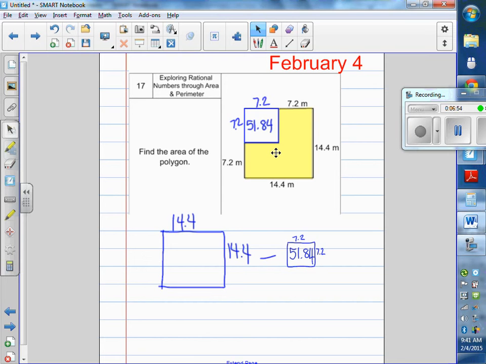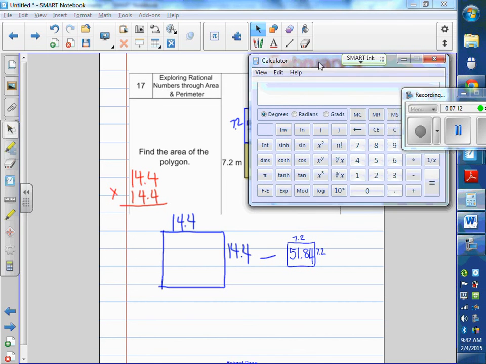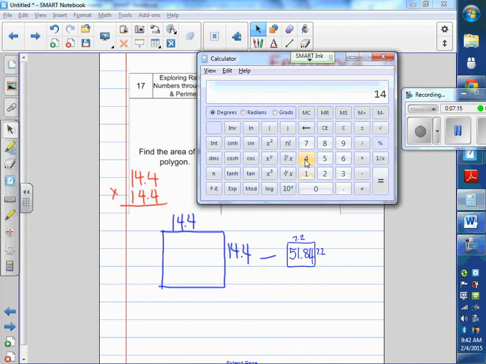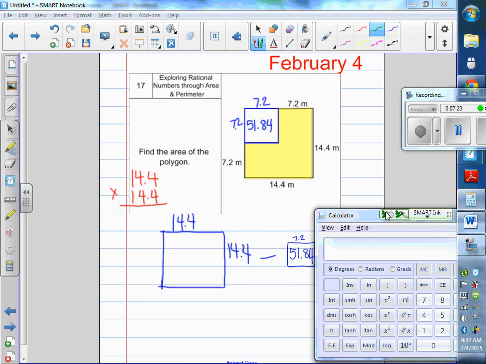So they had less multiplication. And when they multiplied 14.4 times 14.4, just to save time, we'll do that with the calculator. They got 207.36, but they did it by hand.